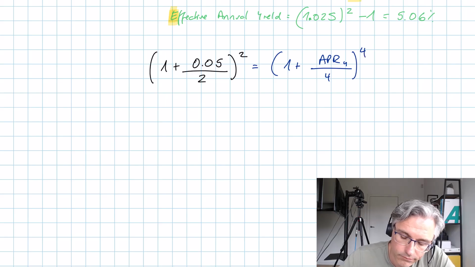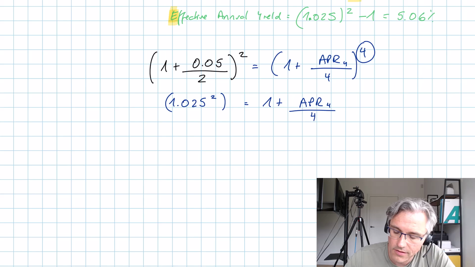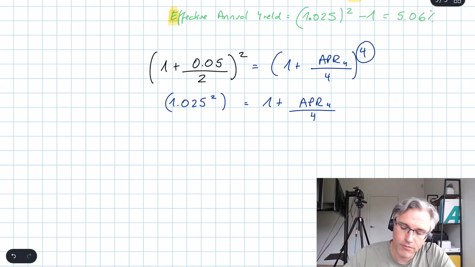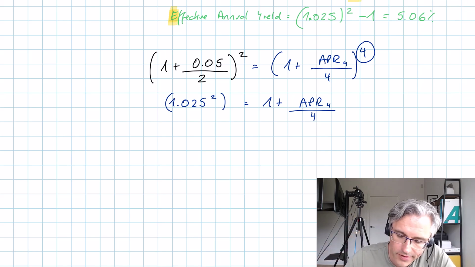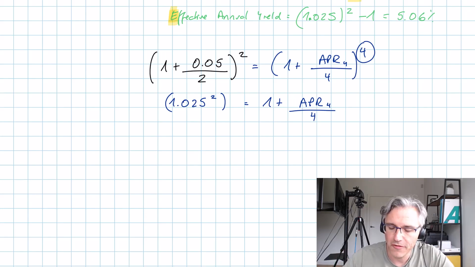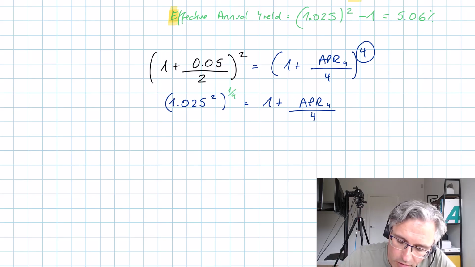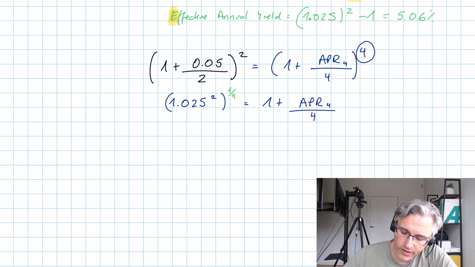So 1.025 squared equals 1 plus APR divided by 4. I'm going to get rid of the exponent of 4 by taking the root from both sides, so 1 over 4 on the left-hand side.